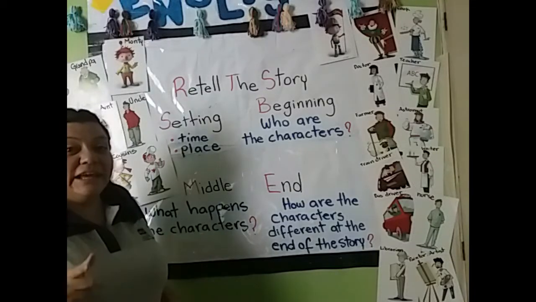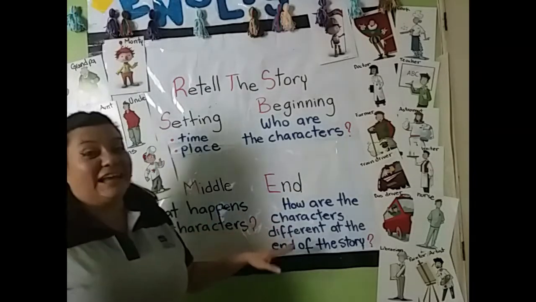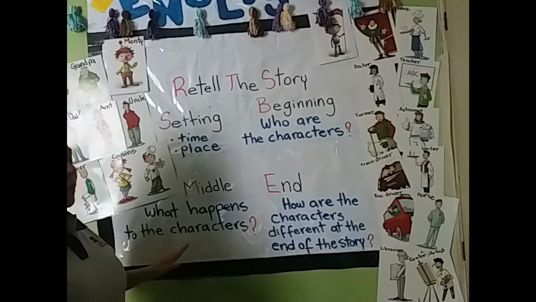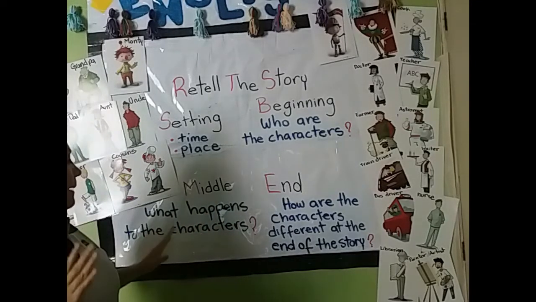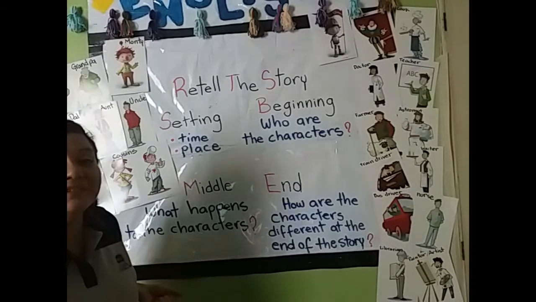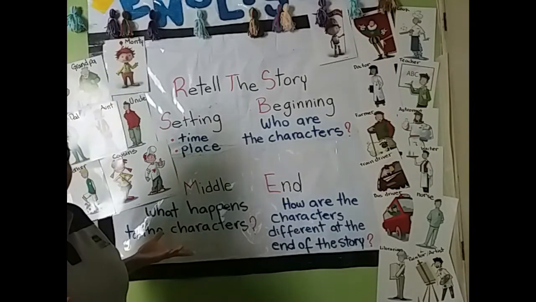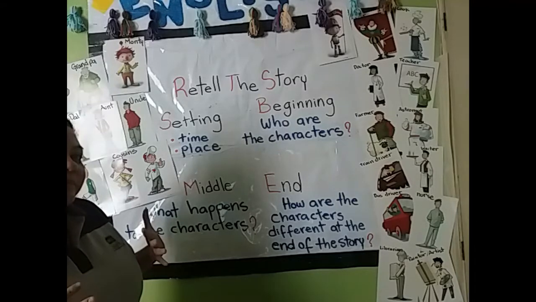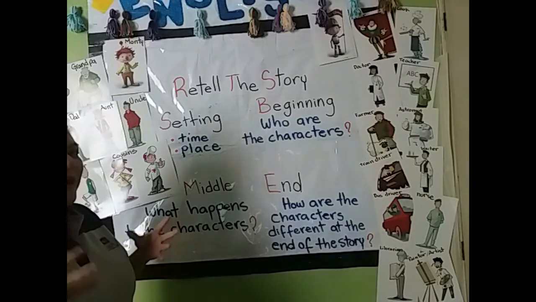Now, let me explain the middle and the end of the retold story. In the middle, we have to describe what happens to the characters. What happened to them? Are they having a problem in the story? A conflict? A situation?